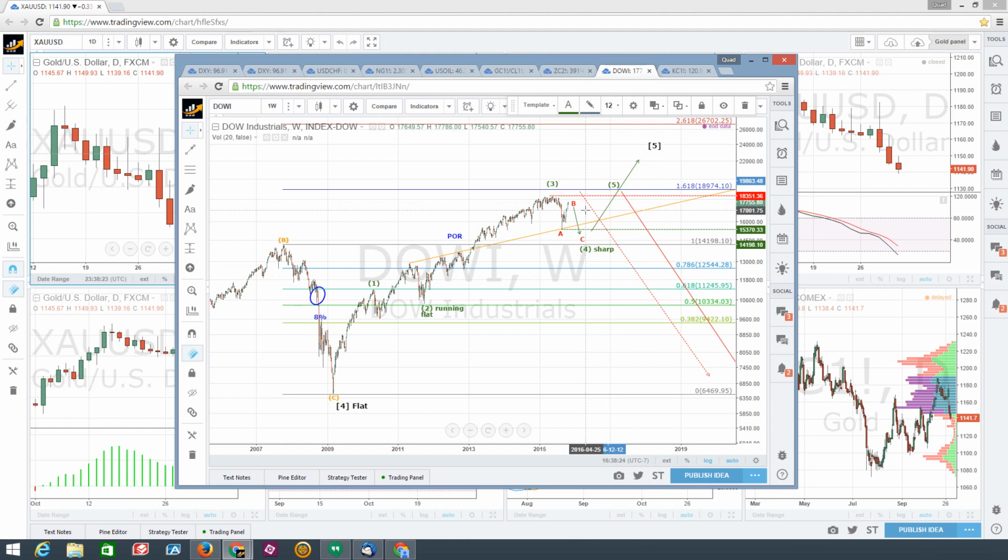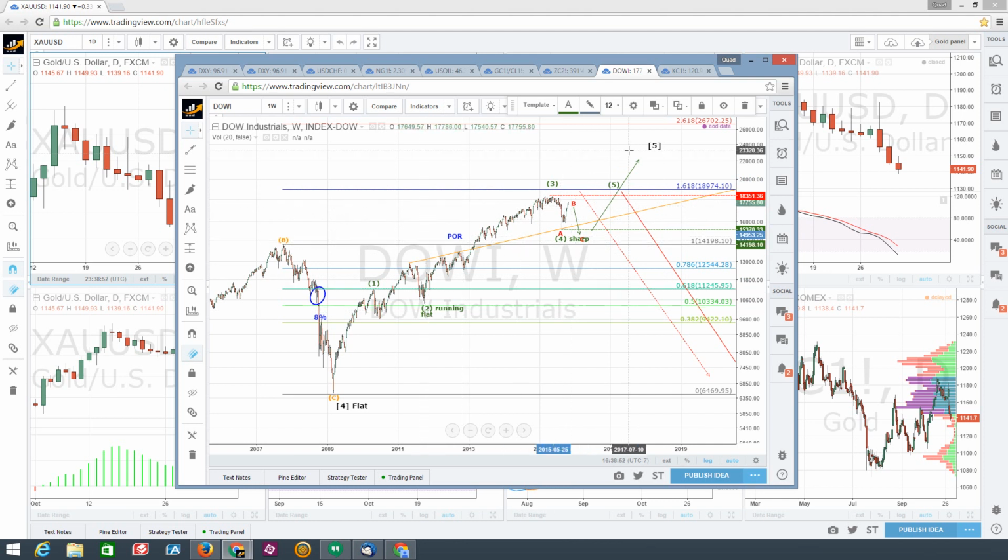So anyway, the other thing I see potentially is if this current move up that I suspect is wave B blows through key resistance at 18,351 and comes up here and tags 18,974 much sooner rather than later, then I would have to say this wave 4 did in fact already complete. It was just much smaller than wave 2.